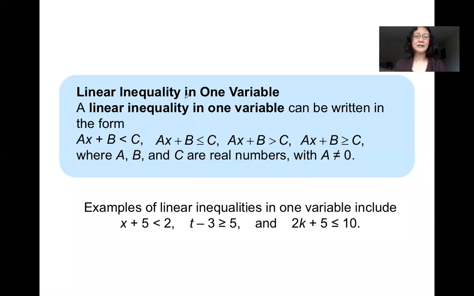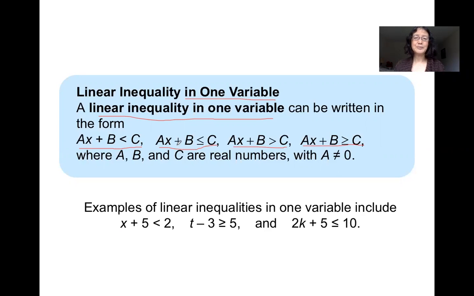Linear inequality in one variable. A linear inequality in one variable can be written in a form such as ax + b < c, ax + b ≤ c, ax + b > c, or ax + b ≥ c.